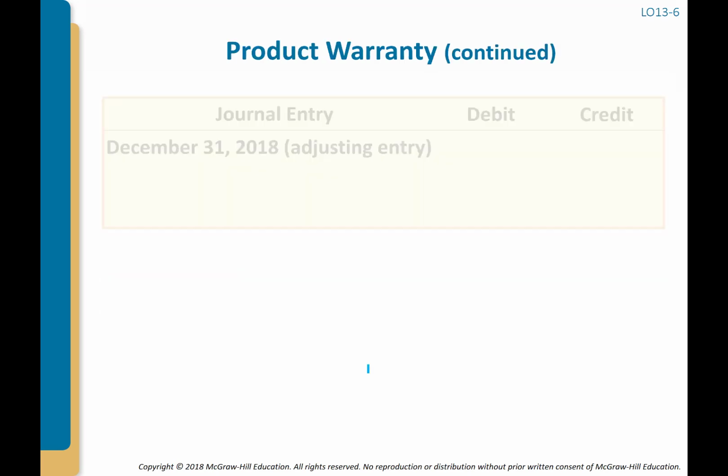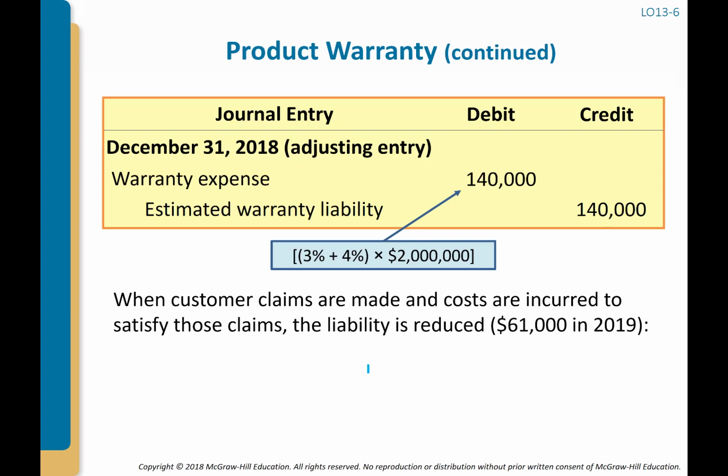What year did we take the expense? 2018, right? You're saying, but wait a minute, they said that some of that wasn't going to come in until the next year, the year after that. It does not matter. We want to match it what? Against the sale. Isn't that what we're doing here? Okay, just like you take the bad debt expense against the sale.